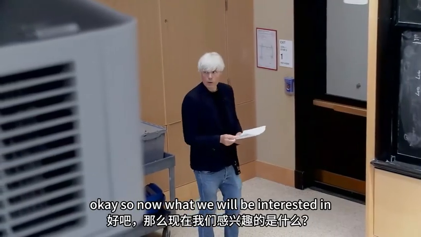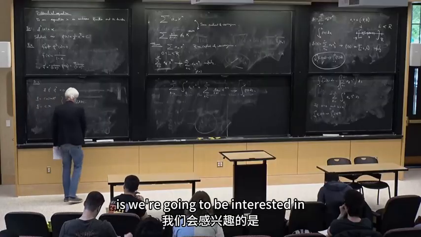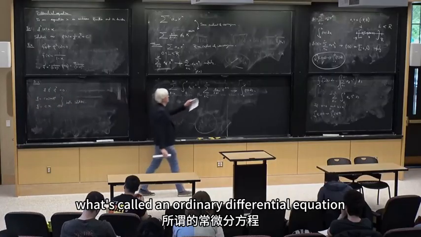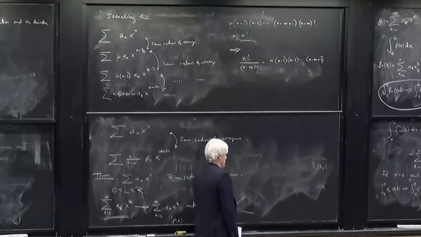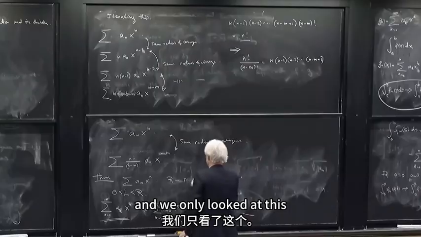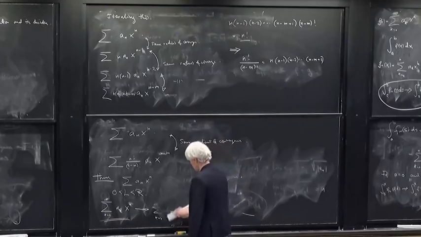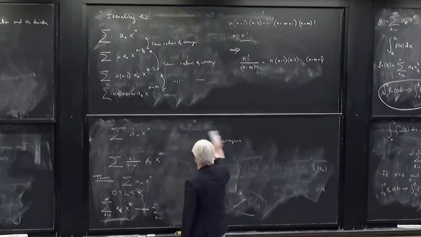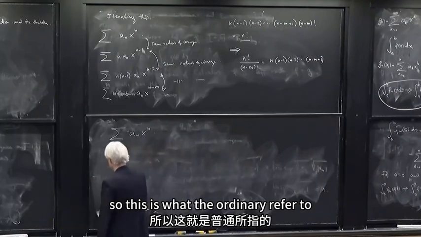Okay, so now what we're going to be interested in is what's called an ordinary differential equation. We only looked at functions of just one variable. So this is what the ordinary refers to.